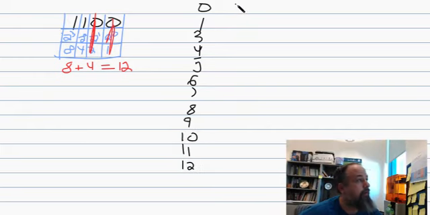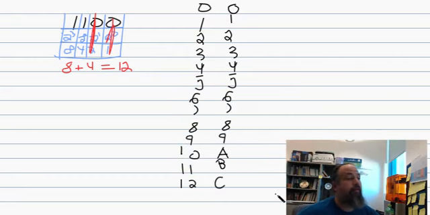In hex, that would be, and then D for 13, E for 14, F for 15, etc. But once I know that that value is 12, I know that in hexadecimal it's C.